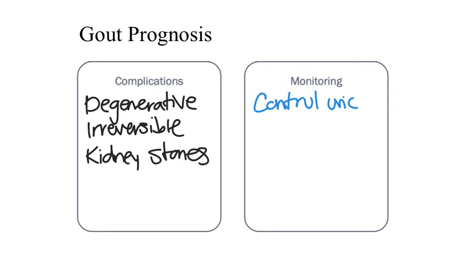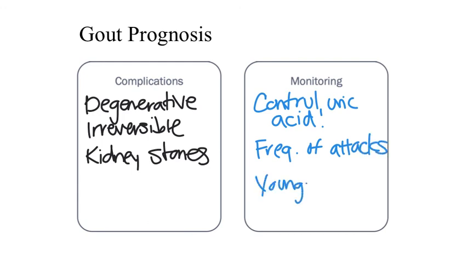Usually, once individuals attain control of uric acid levels, they have a much better prognosis. Some of the other monitoring parameters include monitoring the length and interval of attacks of acute arthritis. And unfortunately, a younger age at onset predicts a more severe prognosis of the disease.